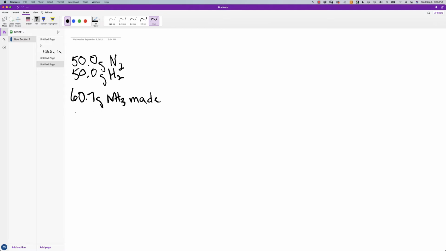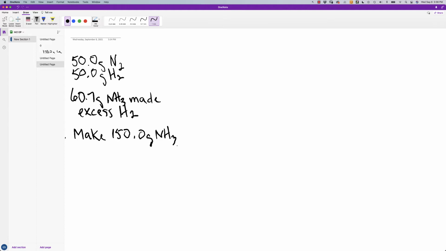We also know that we have extra hydrogen. We didn't use all the hydrogen. And then the question is, what do we need to make 150.0 grams of ammonia?